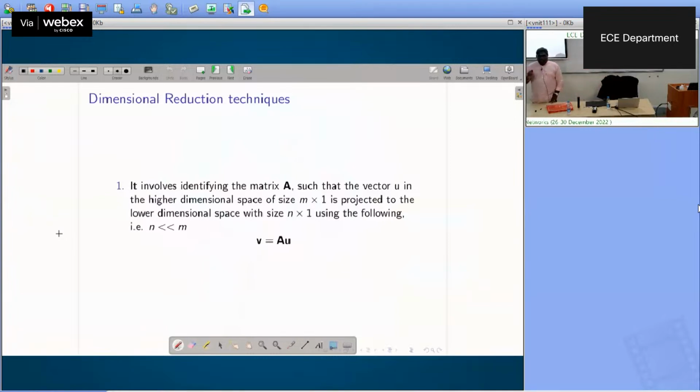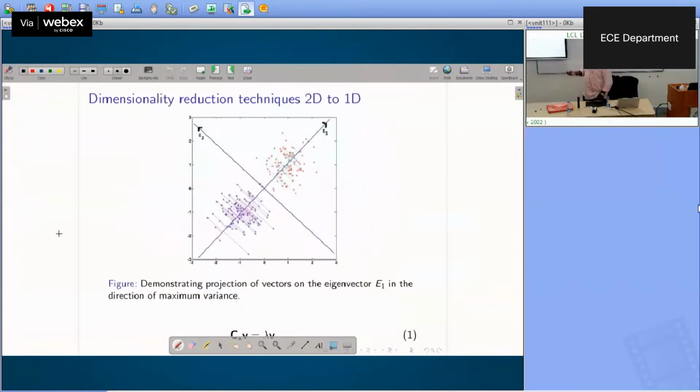PCA, principal component analysis. What does it actually do? I am going to explain it with conversion from 2D to 1D. This can be extended to 3D to 2D, and even to 2500 to 13 dimensional space. What you see here are red and blue dots.